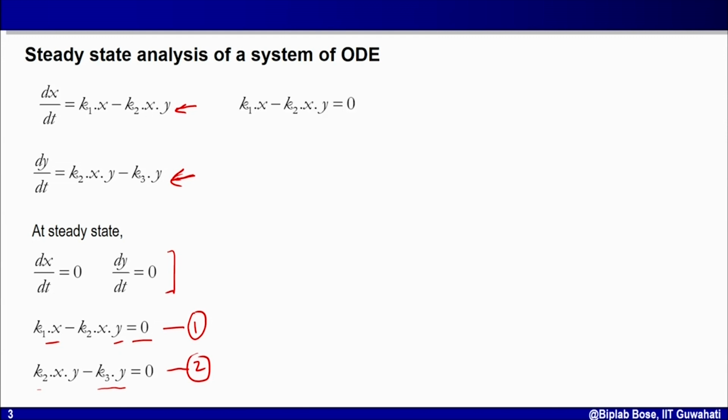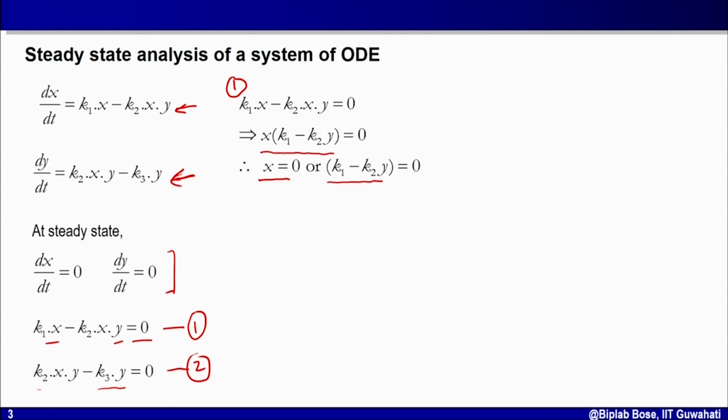Let us take the first equation, equation 1: k1 x minus k2 xy equals 0. I can take x common, so I get x into (k1 minus k2 y) equals 0. That means either x equals 0 or k1 minus k2 y equals 0.